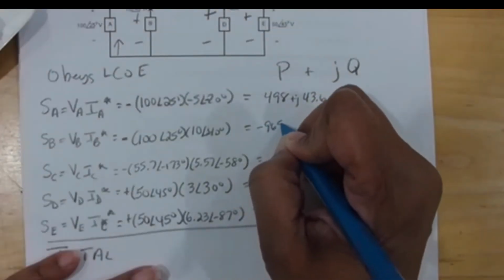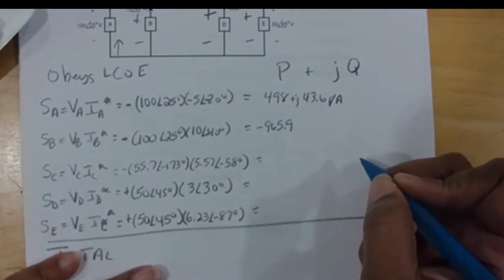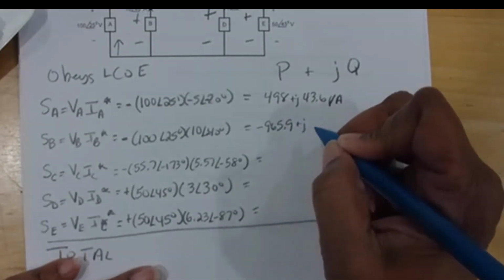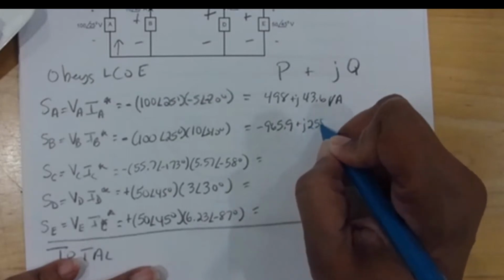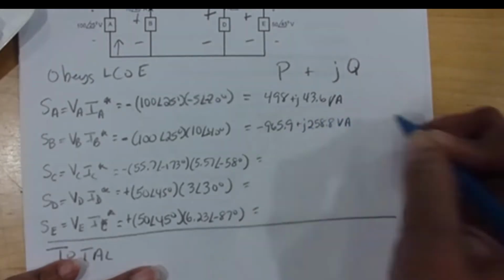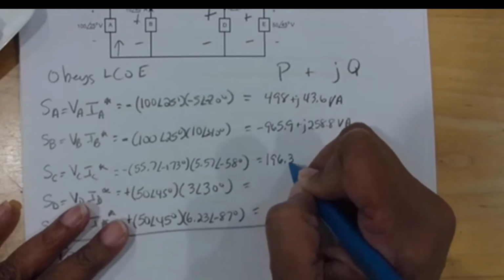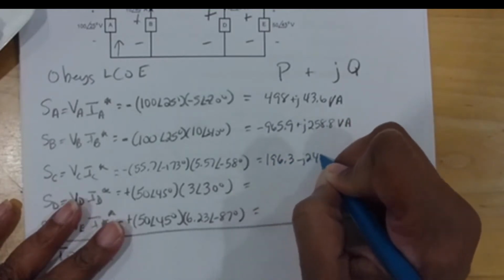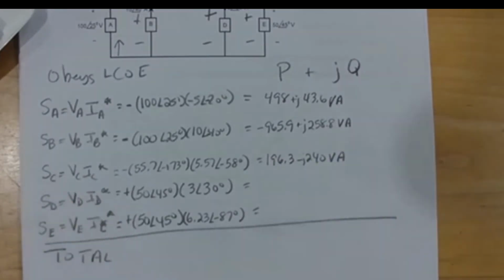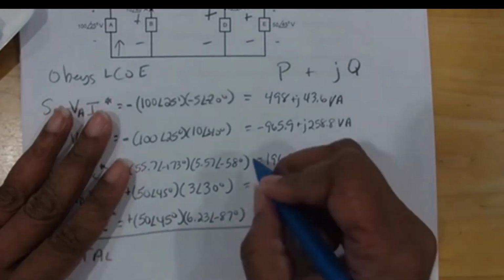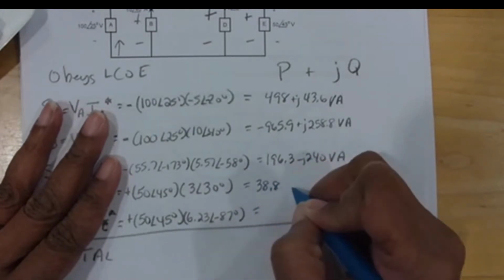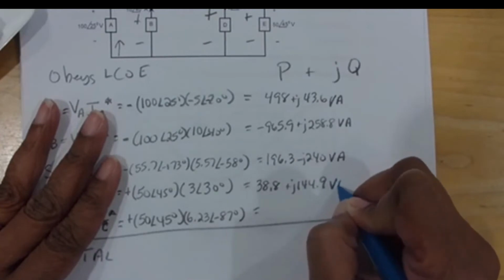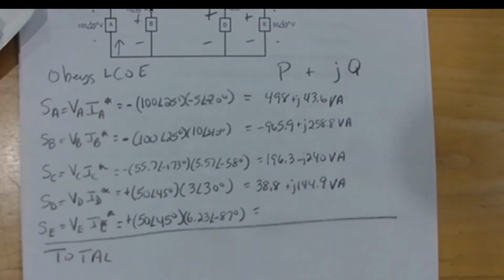Negative 965.9 plus J, 258.8 volt amperes. 196.3 minus J, 240 volt amperes. 38.8 plus J, 144.9 volt amperes.